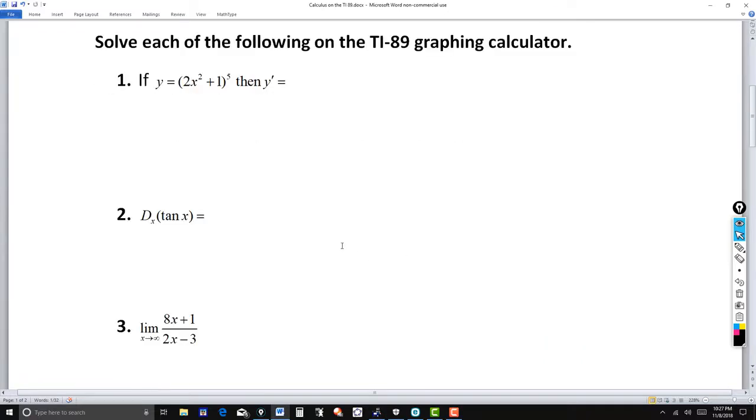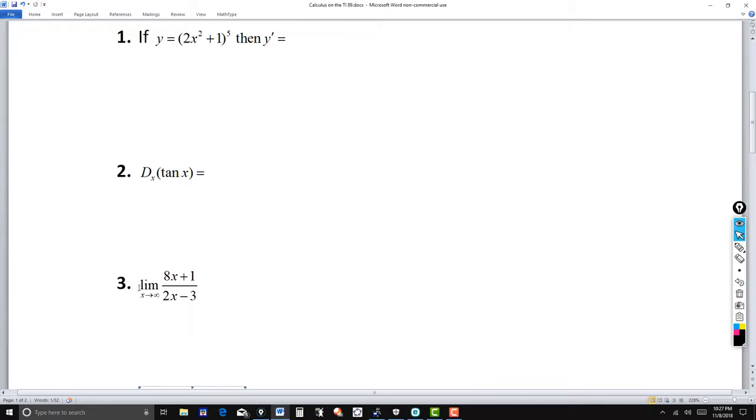Let's go down to the next one. Okay, here we want to compute a limit of this thing right here. So if you know your basic algebra, you think of this as a rational function. What happens to this thing as x goes to infinity? Basically, as x goes to infinity, you're going to be left with 8 over 2, which is 4. And I can do that by dividing everything by x.